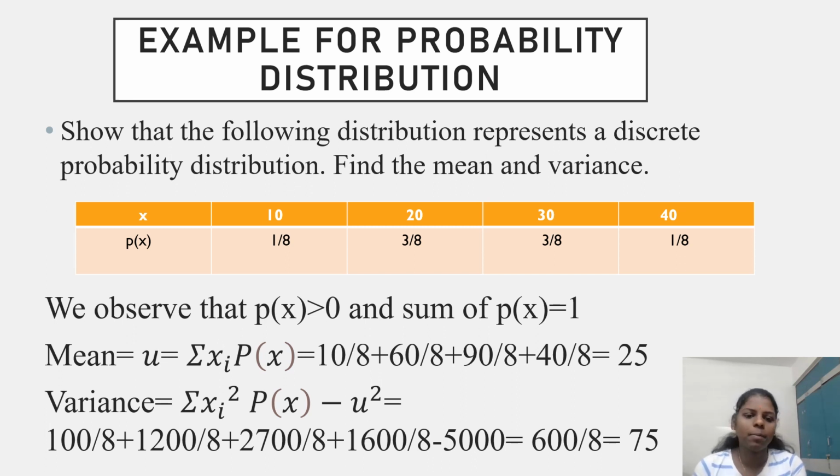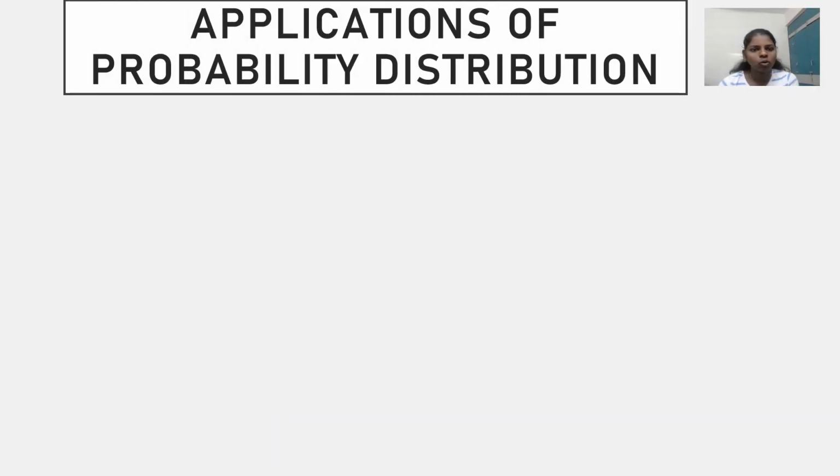As we know, mean is mu equal to sigma xi into p of xi, and for calculating variance, sigma xi square into p of xi minus mu square. Using these formulas, we can calculate the mean and variance for the following table. Now let us see the applications of probability distribution.